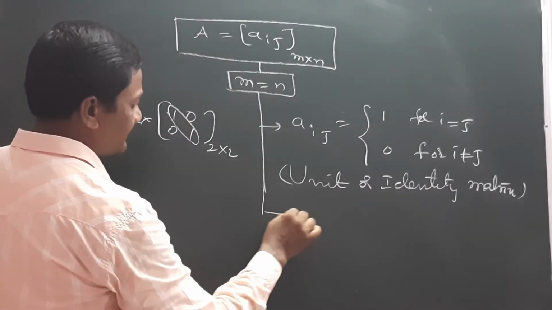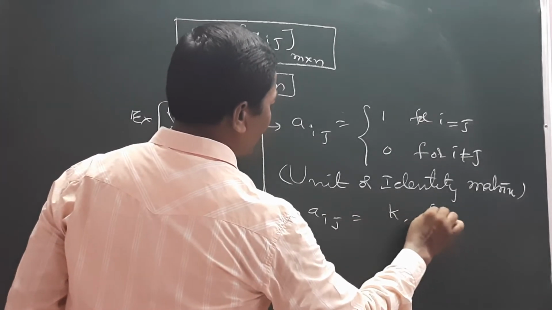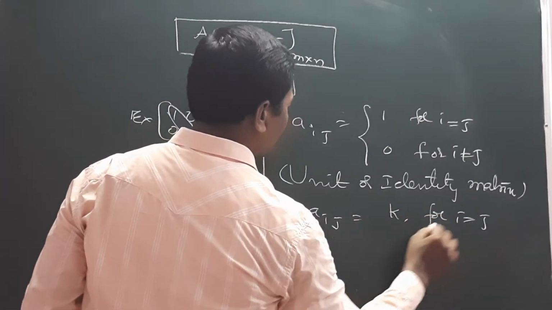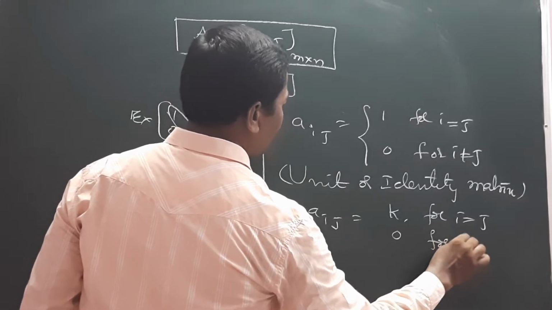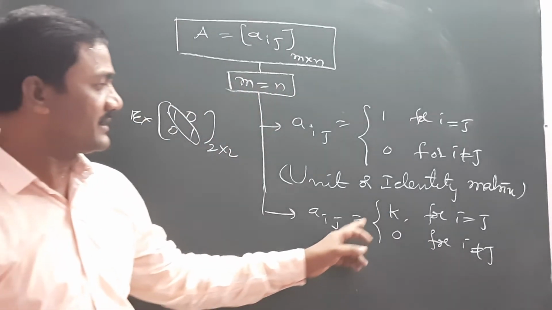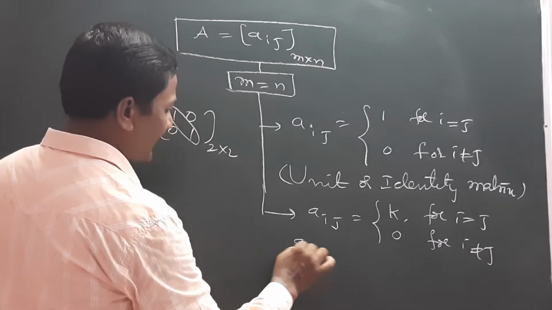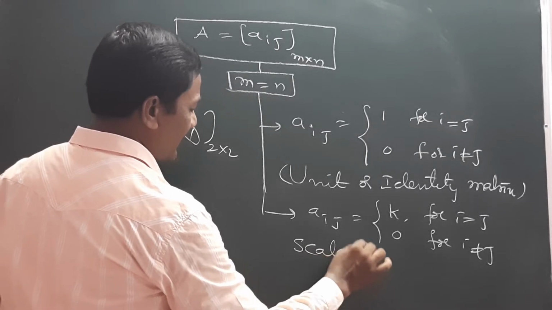Another is Aij is equal to k for i is equal to j, 0 for i not equal to j. This is nothing but a scalar matrix. A very important definition.